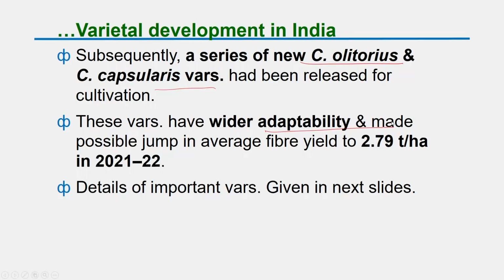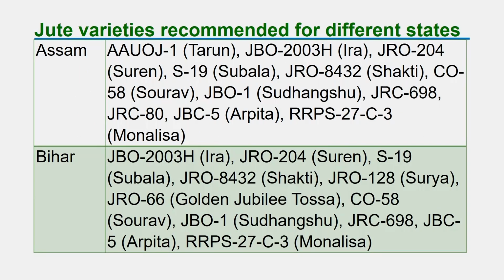And one institute which is located in West Bengal, CRIJAF, the Central Research Institute for Jute and Allied Fibers, is developing most of the varieties of jute. These varieties have wider adaptability and made possible a jump in average fiber yield to 2.79 tons per hectare in 21-22. So details of important varieties you can check in the subsequent slides.